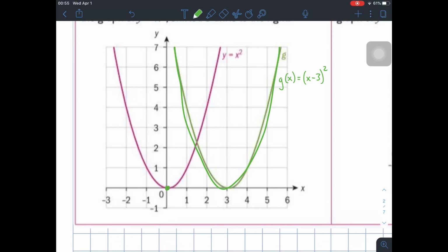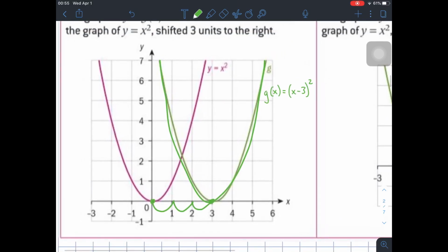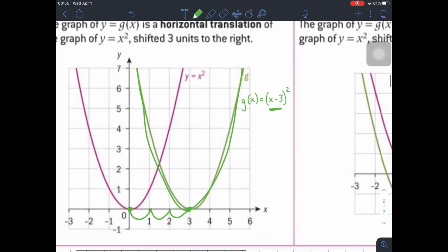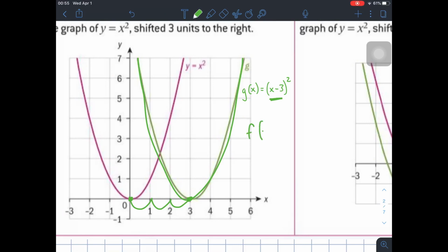The first one is at 0, 0, and for the new one, we move 1, 2, 3 units to the right. Okay, so how do we rewrite this equation? It's just x minus 3 squared, right? Remember that for a horizontal shift, we need to apply this form, f of x minus 3, okay? And that will shift the function 3 units to the right, okay?